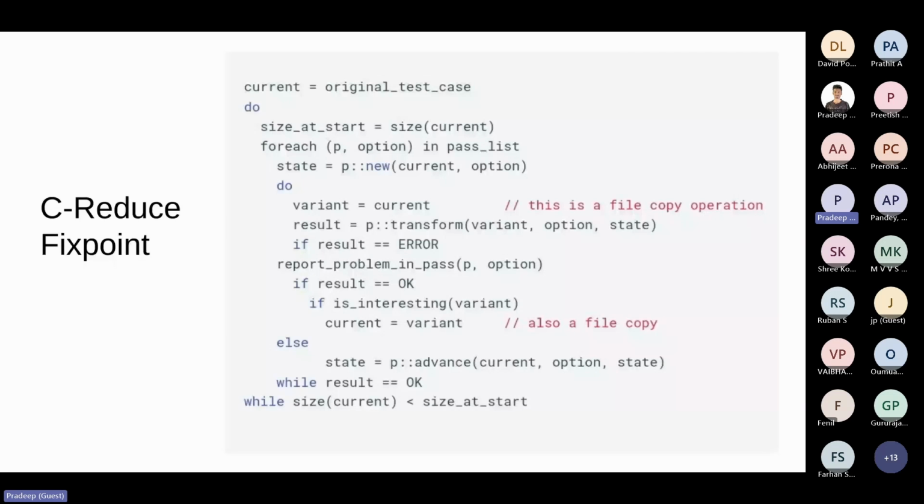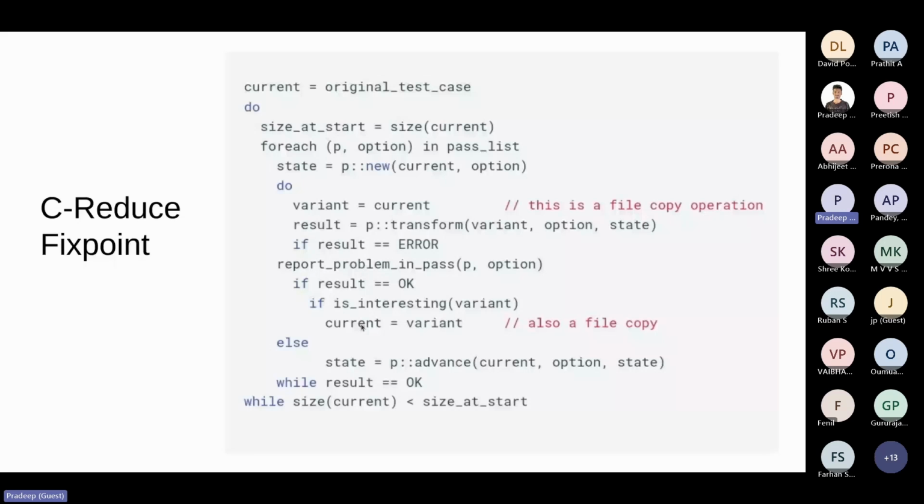It goes through the pass list, and each pass is a transformation. So it provides a variant to the transformation, runs the transformation pass, and then checks whether the variant is interesting. The check would output 0 or 1, and based on that the variant is considered for the next iteration of the transformation.